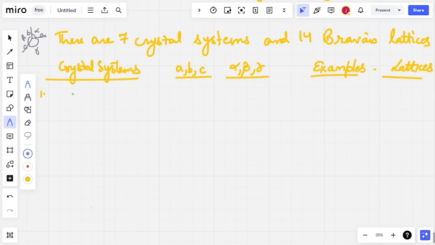So we move on to our very first crystal system, that is cubic.